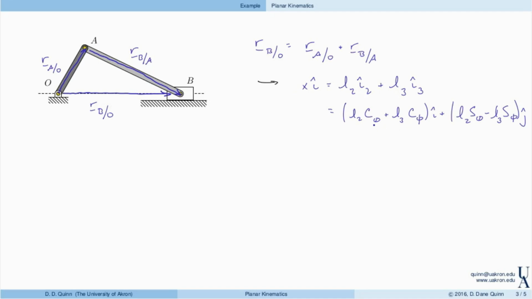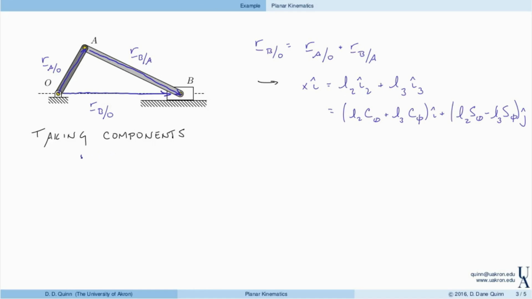Now notice that we want to solve for the velocity in terms of theta, but in order to do that, we'll need to find this distance x and this angle phi, and we can do that from this equation. So taking components in the I and j direction, we have two equations, and so I can solve for x and phi in terms of theta.